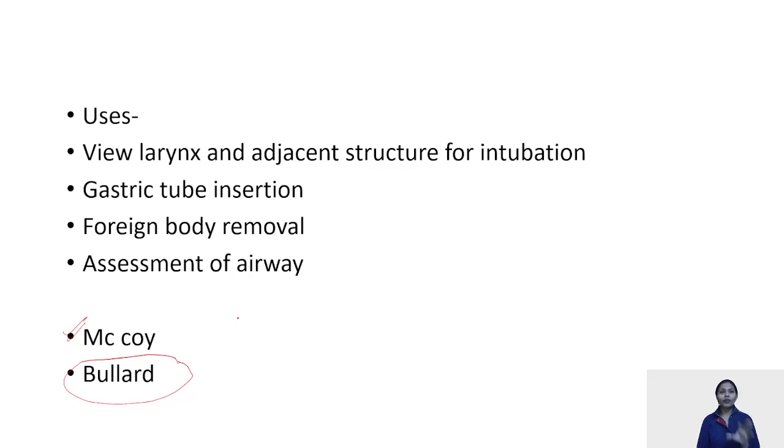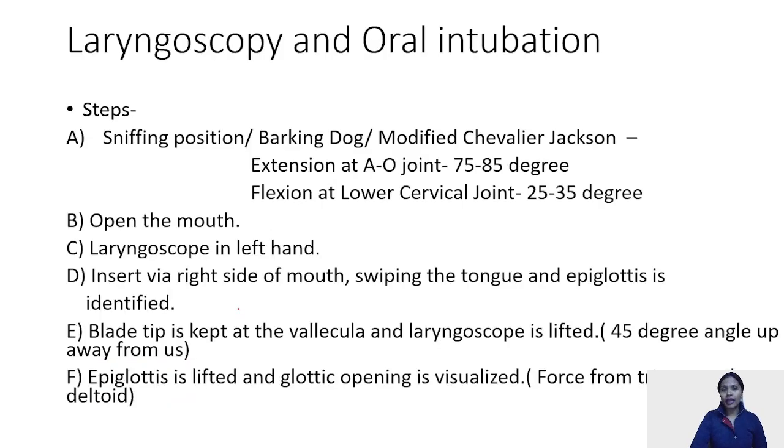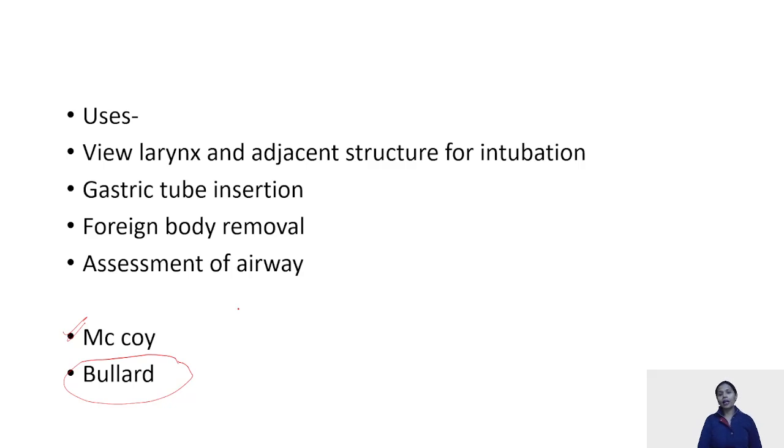In this picture, if it is present, I'm extremely sorry I couldn't show you the image. In video laryngoscopes, you have a conventional blade along which a screen is present on which the whole airway can be visualized. Done? This is your Bullard.